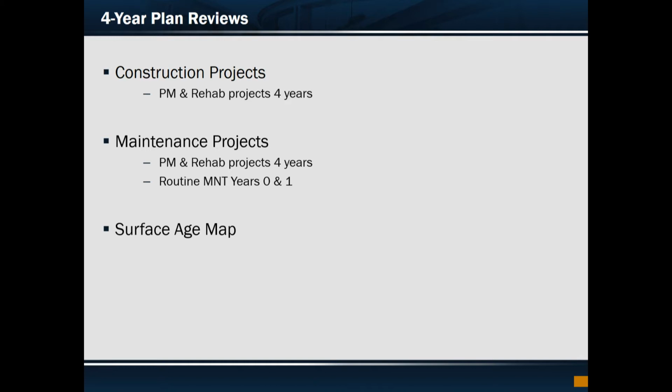In addition to the construction projects and the maintenance projects, we also require districts to have what we call a surface age map. I don't know about other state DOTs, but we have some challenges to get and maintain our work history. This is a challenge for a lot of the districts, and this is the first year we are doing a combination of an automated way and a manual way to make it happen in the system.